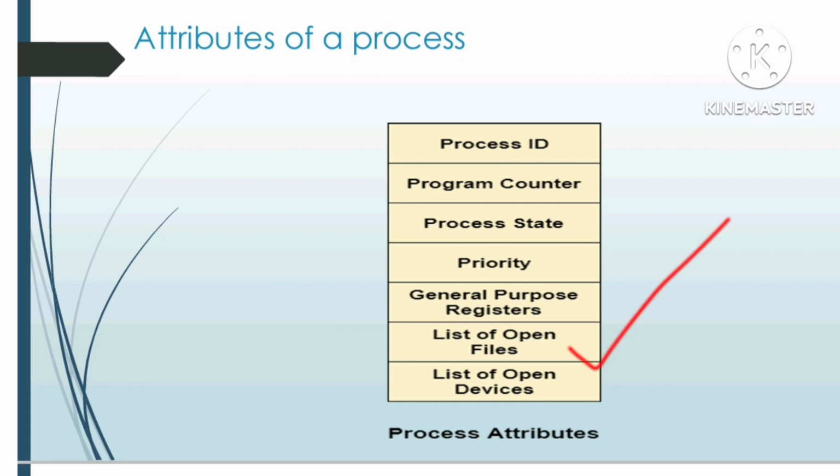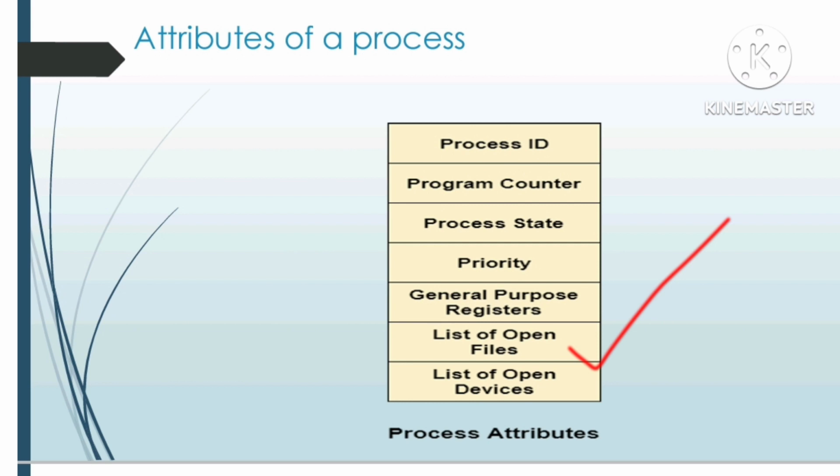And next one is list of open files. During the execution of the process, some files are going to be opened, some files will be open for reading, and some files will be open for writing.